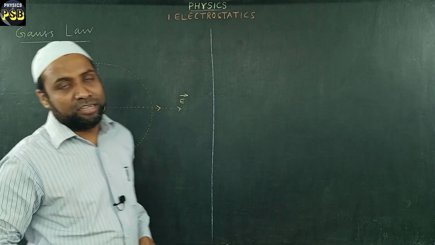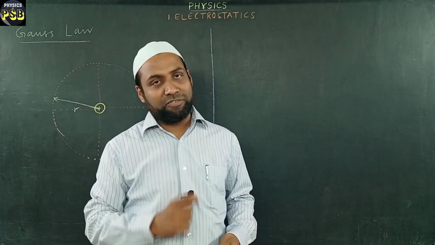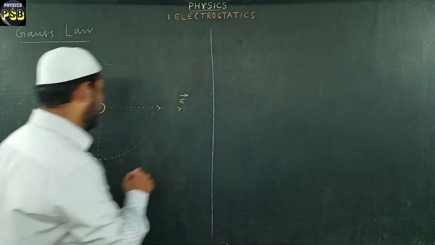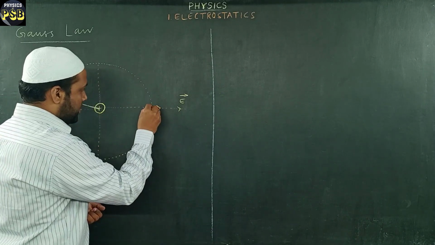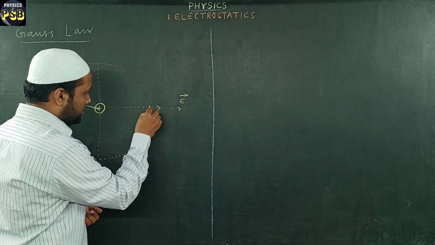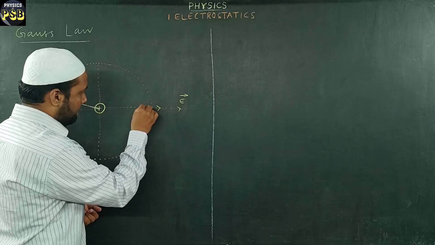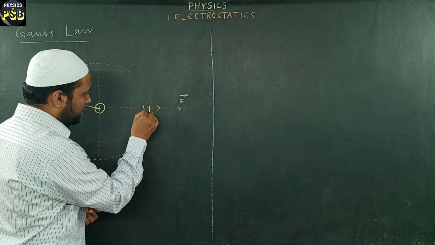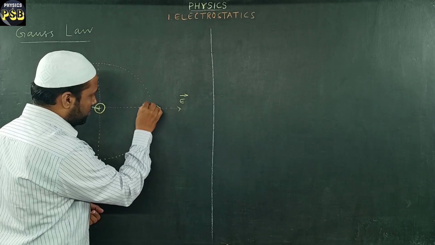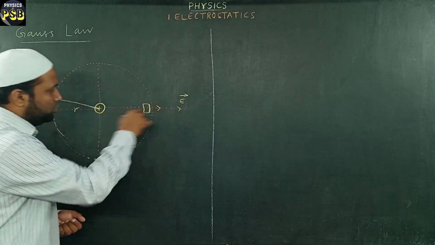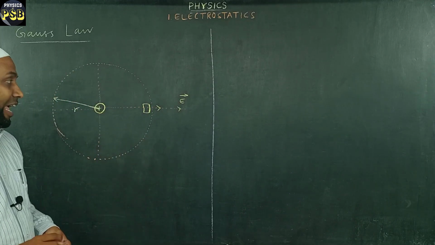Here, to find the electric flux, I take a small area, something like this. This area is kept perpendicular to this electric field line.